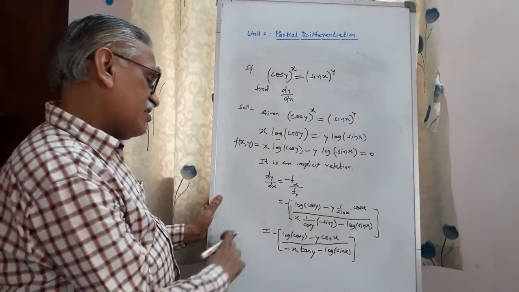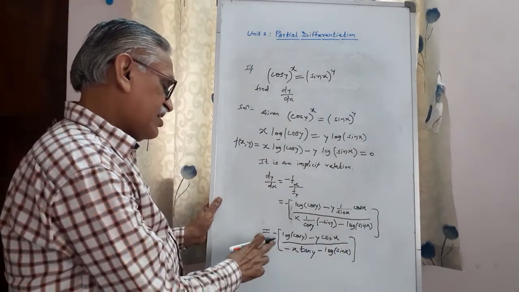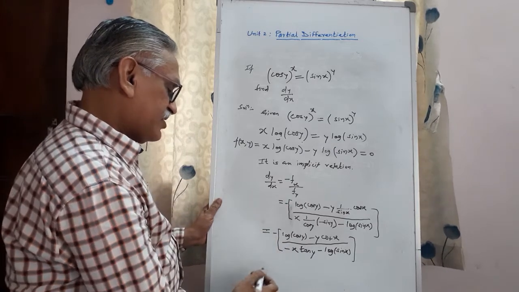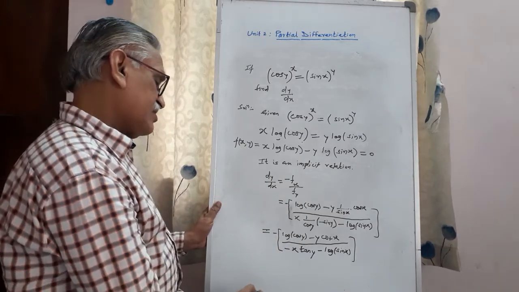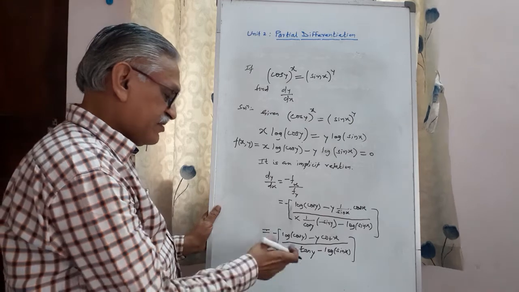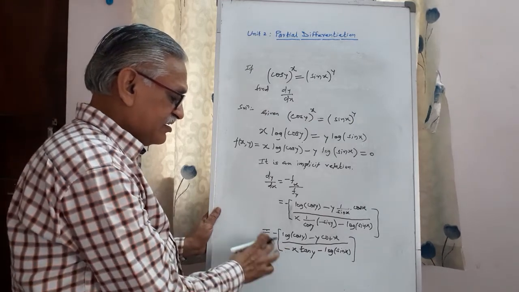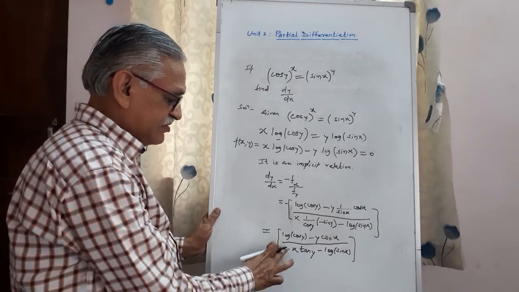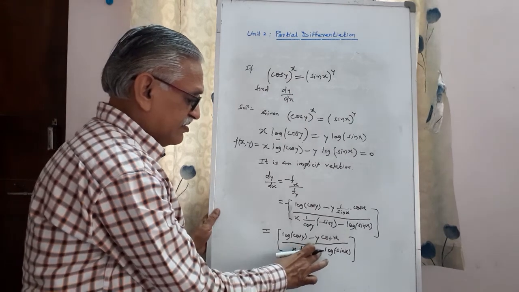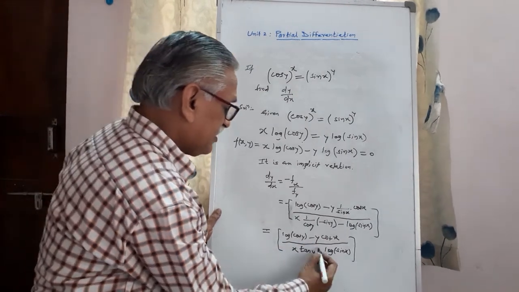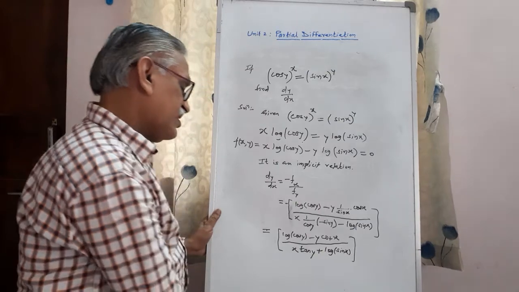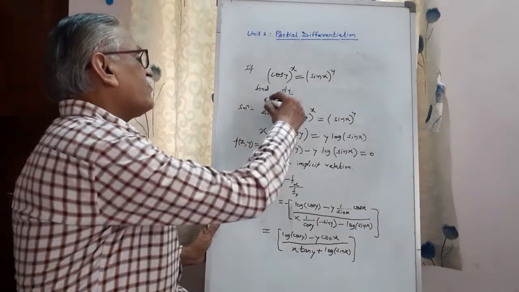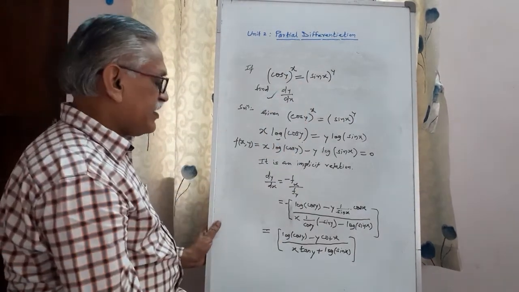We can take minus sign outside, and therefore that becomes minus minus plus. In next step I can cancel this minus sign, therefore this minus becomes plus. This is the required result for dy by dx.